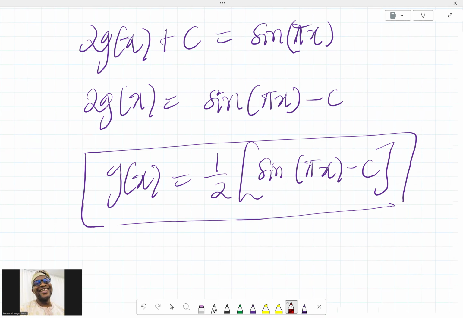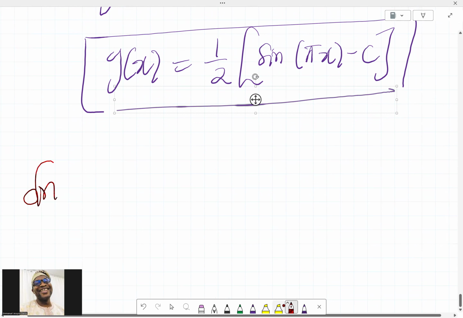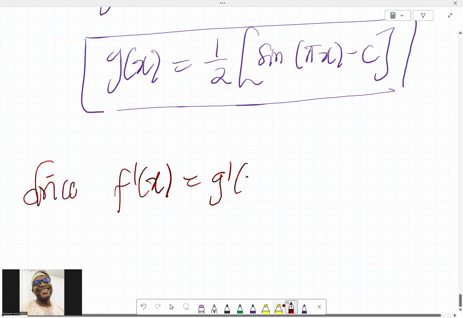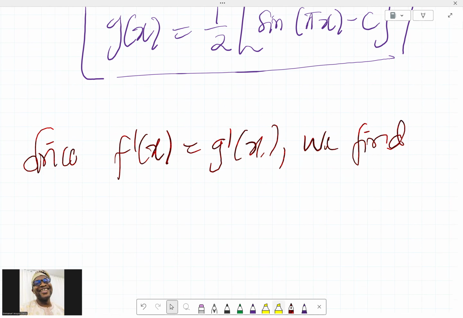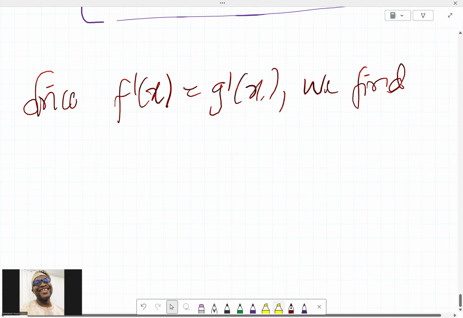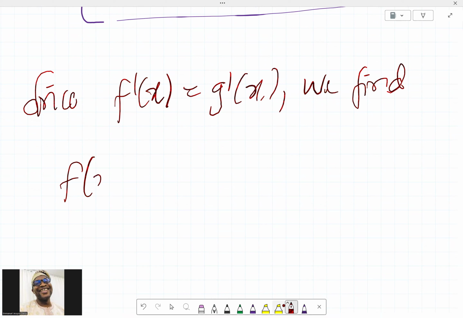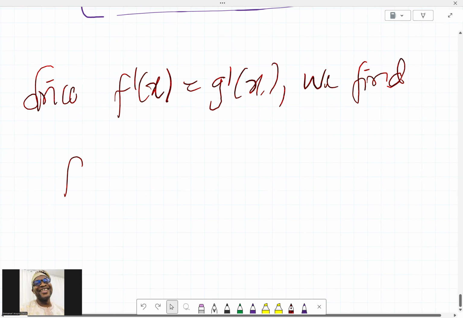Again, we now need to remind ourselves that since f prime of x is equal to g prime of x, we are dealing with the last result we got.